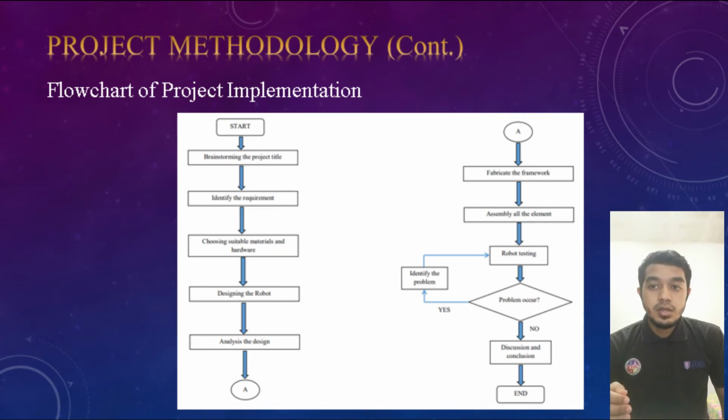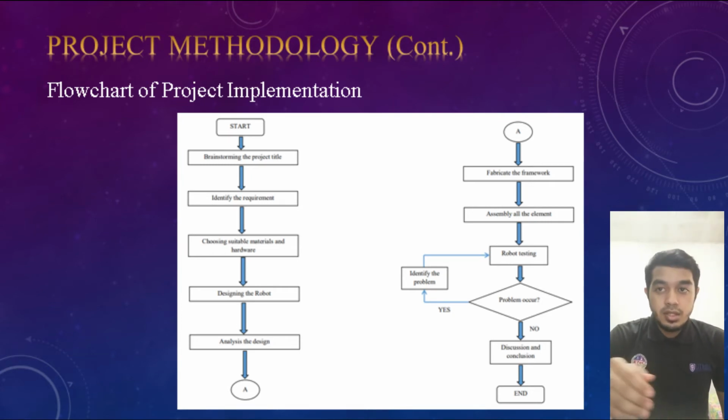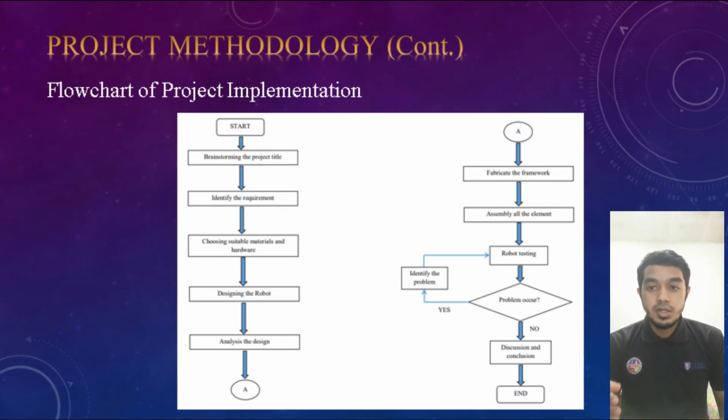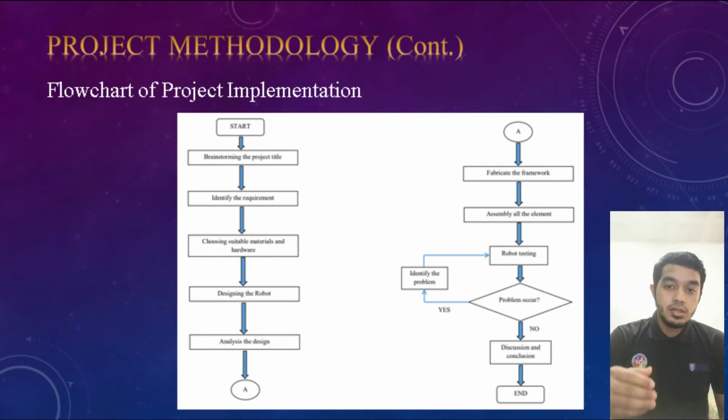If a problem occurs, we identify the problem and then test the robot again. If we do not have the problem anymore, we can move to the discussion and conclusion.